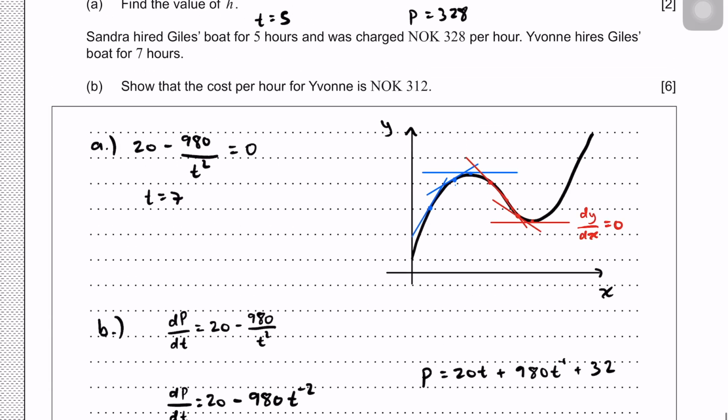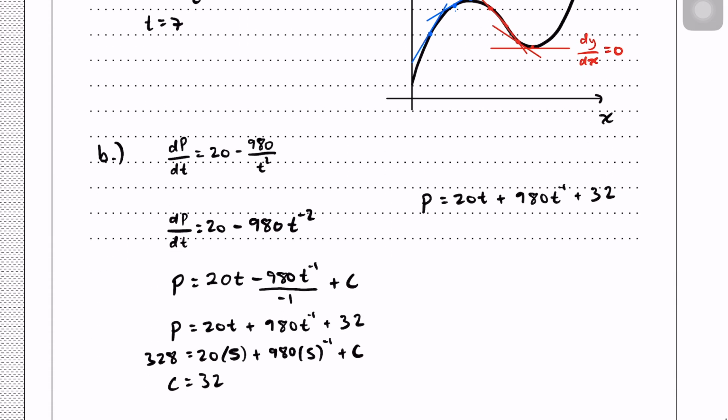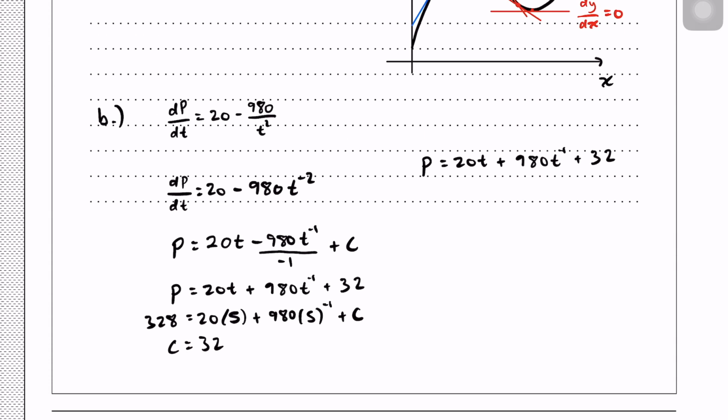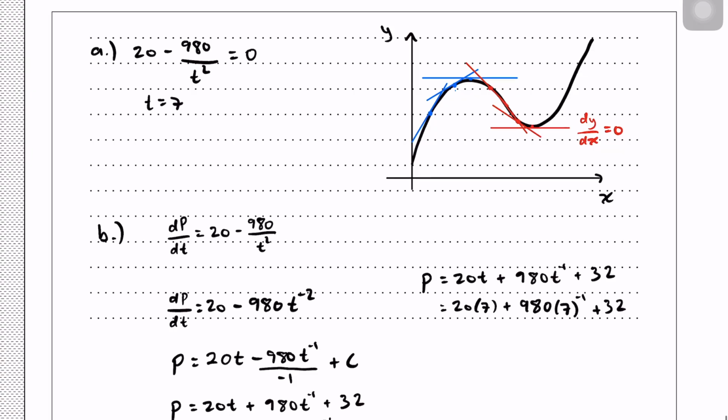So t is equal to 7, and let's find out what p is. She rents it for 7 hours. 20 times 7 plus 980 times 7 to the negative 1 plus 32. And if everything is done correct, this value of p should equal 312.